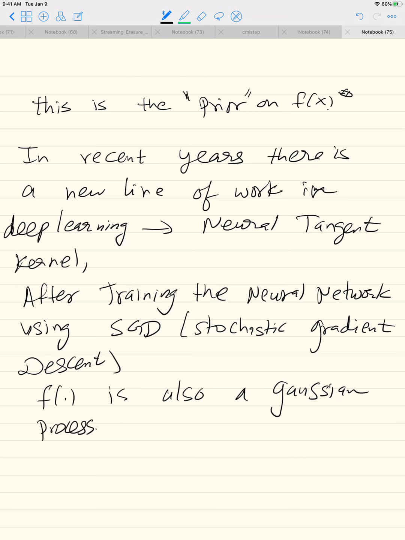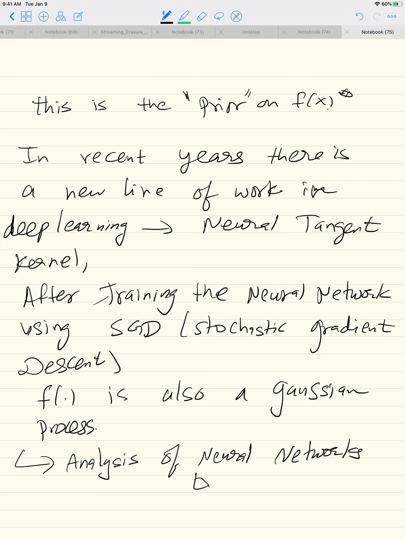So the posterior induced on f after this particular training, which involves stochastic gradient descent, is also a Gaussian process. And this makes the analysis of neural networks tractable.